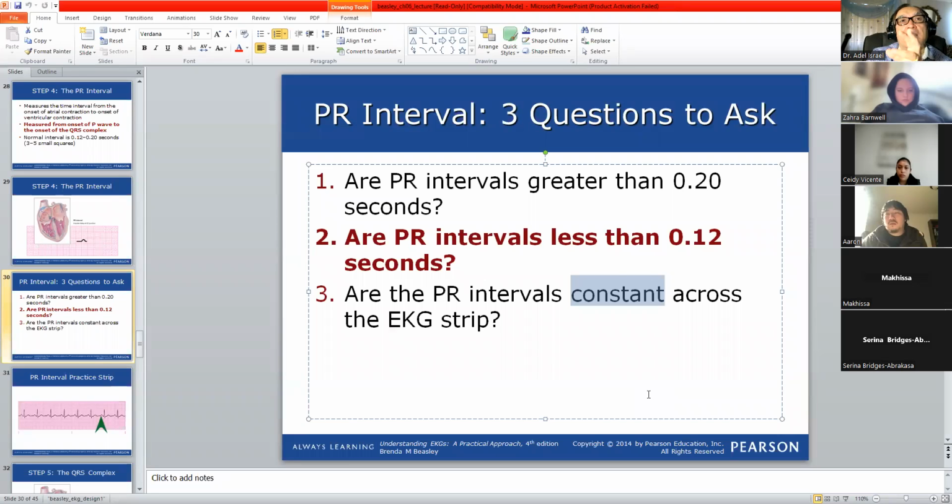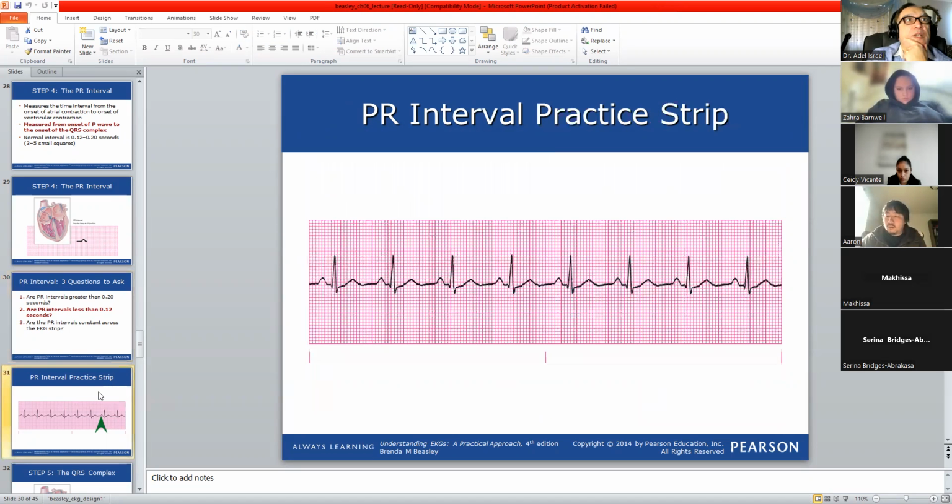Because in second degree heart block, we find that this interval is not constant. It keeps increasing and then drops, increasing and drops. So it should be constant. So please highlight this one and take notes of it, okay? It should be constant all the way. And here, when we go to practice the PR interval, I will guide you. All right.